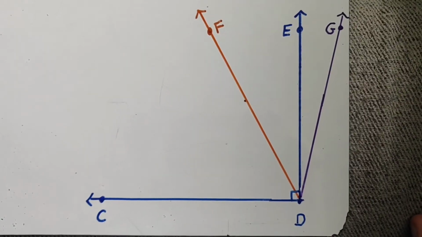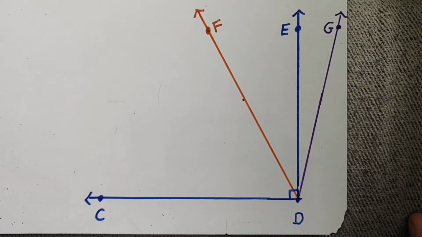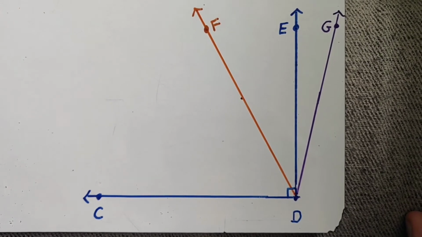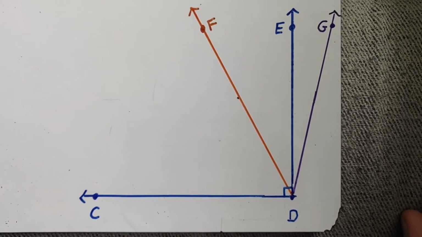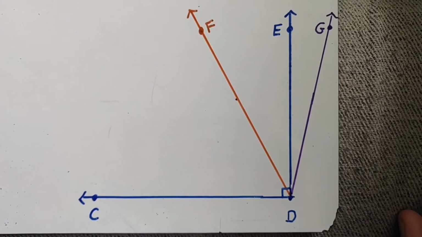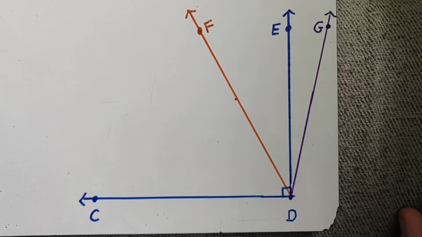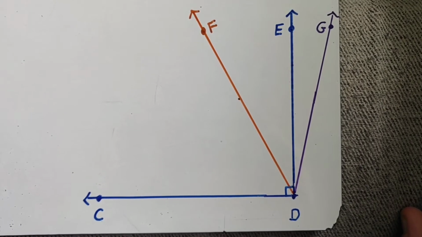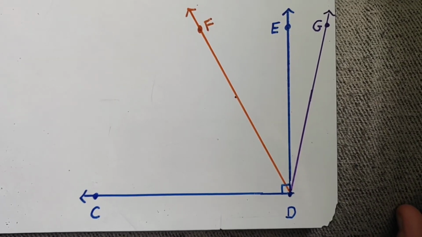So let's see how that connects with the three angles that we started with: angle CDF, angle CDE, and angle CDG. And I'm going to start by focusing on angle CDF.